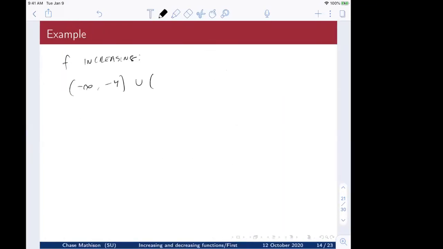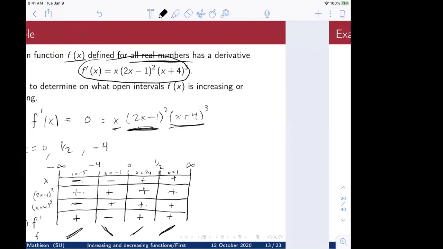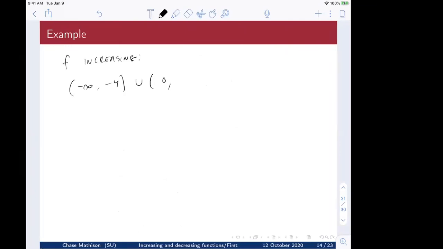And this is where some authors would maybe argue with you. I would normally just write 0 to infinity, yes. But at x equals 1/2, f prime is 0. f prime is not positive. So what we're going to write is union 0 to 1/2, and then union 1/2 to infinity, okay?